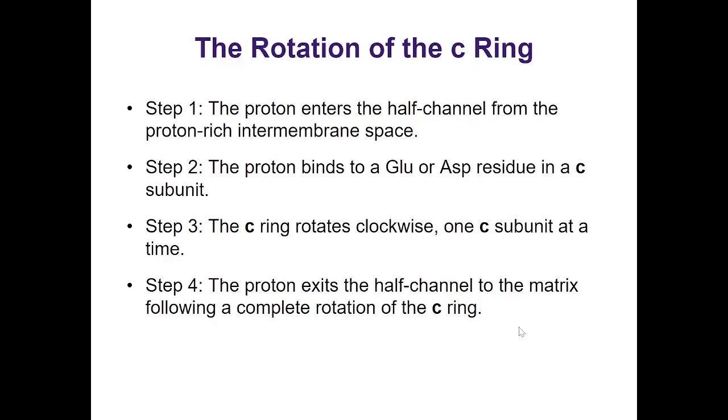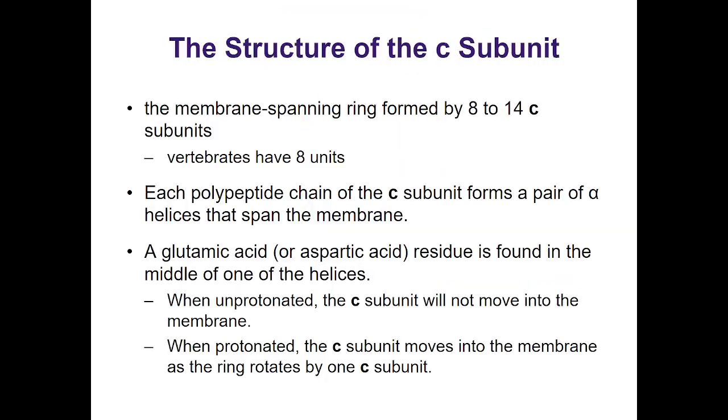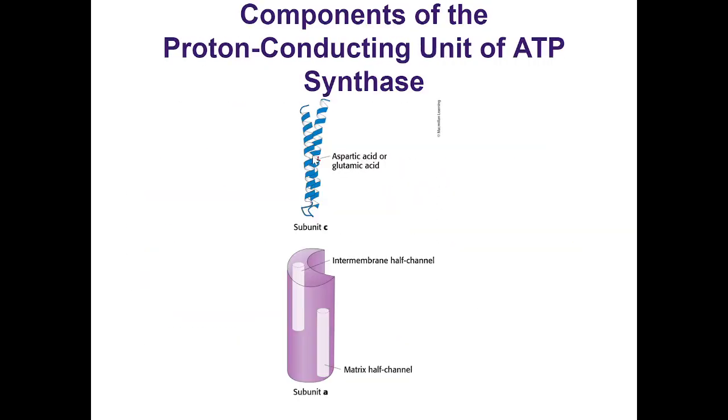Step 4, the proton is going to exit the half channel to the matrix. This is going to be followed by a complete rotation of your C ring. And so now this pops off in the opposite direction, going through the matrix half channel, which will then exit it into the matrix. Remember that this rotation is what's causing this to be able to do that. And so this actually ends up being monodirectional, doesn't it?